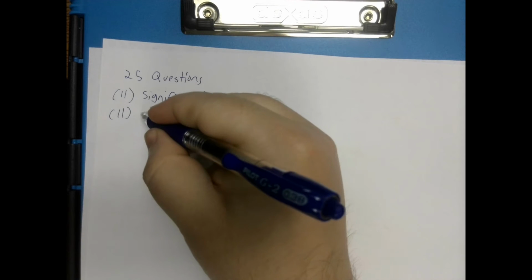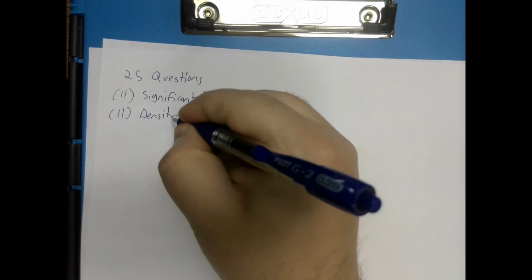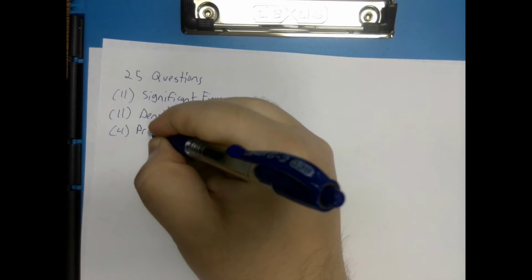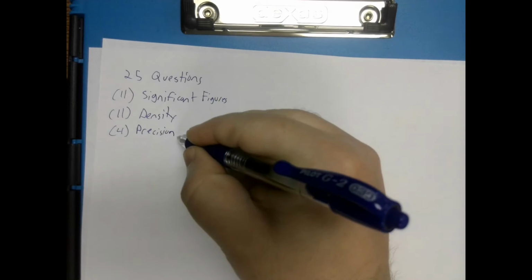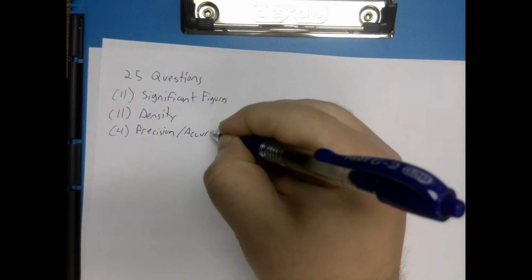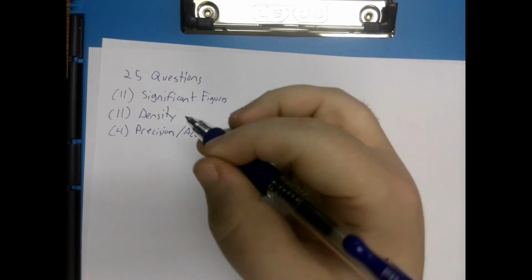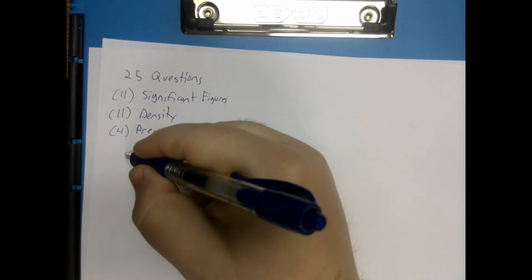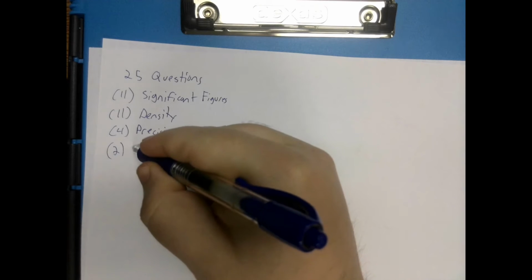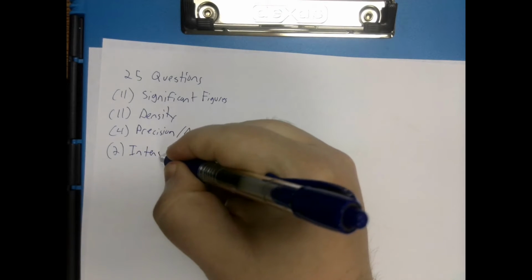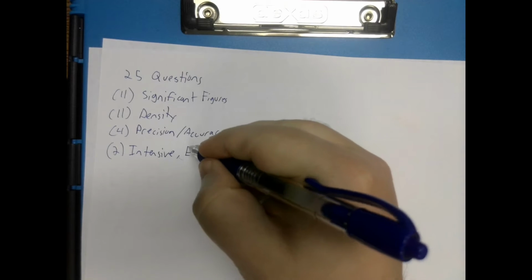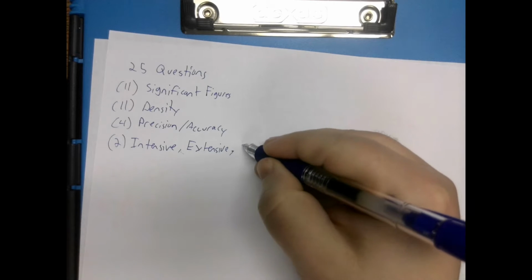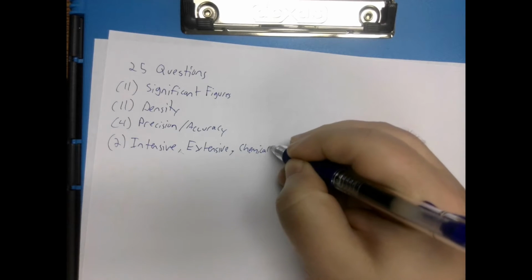Eleven questions deal with density. 4 questions deal with precision and accuracy. 2 questions deal with intensive, extensive, chemical versus physical.